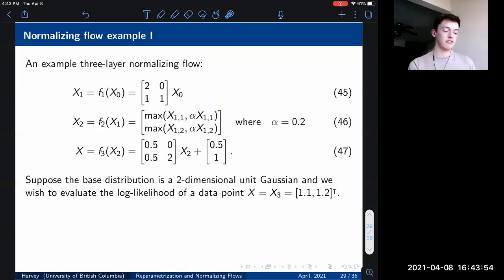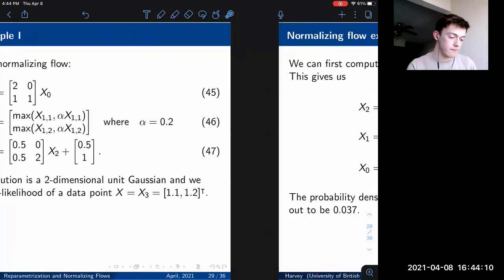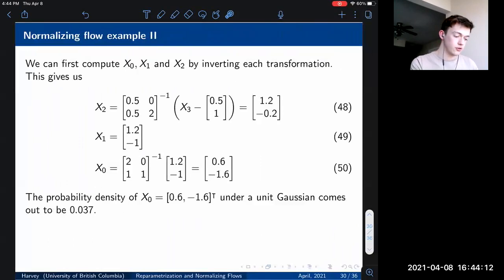Suppose we're trying to use this normalizing flow to compute the log likelihood of some particular data point. The data point is x, which we could also call x3, and we've observed the values 1.1, 1.2. To compute the log probability density, we need to run this through the inverse of the flow so that we get the corresponding point in the base distribution.